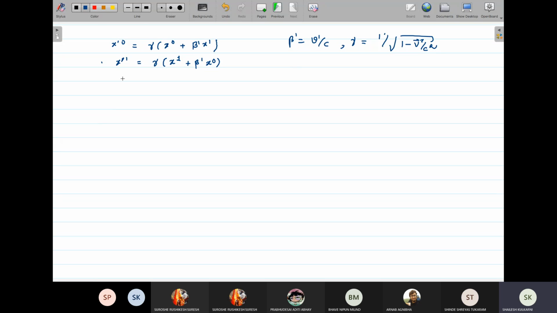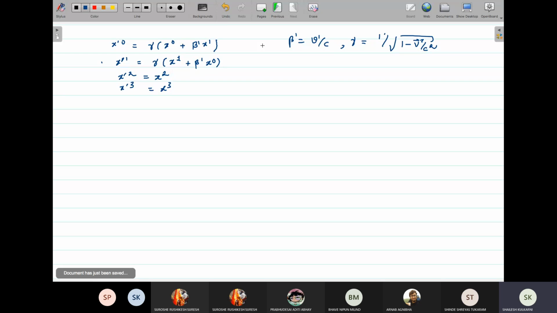And x2 and x3 remain unchanged, so x2 prime equals x2 and x3 prime equals x3. So this beta 1 is the boost along the x1 direction.